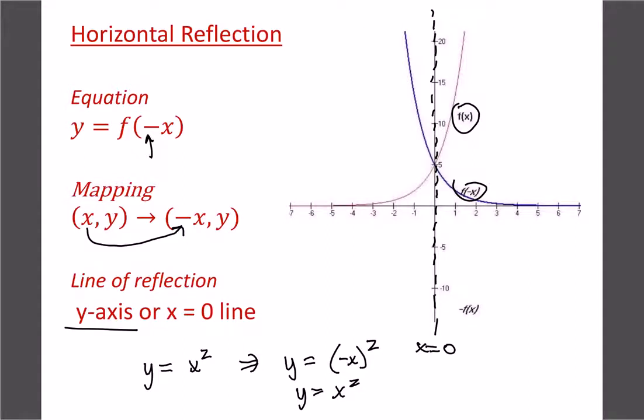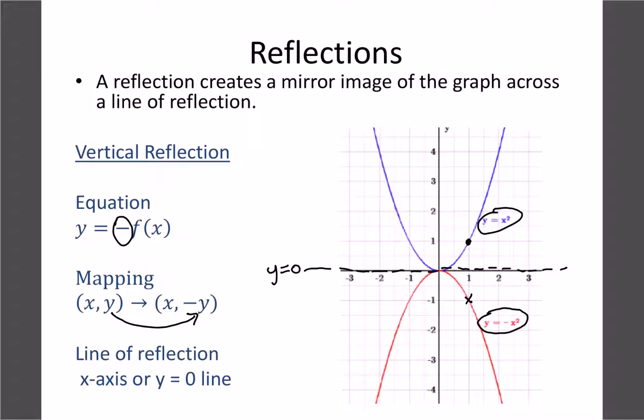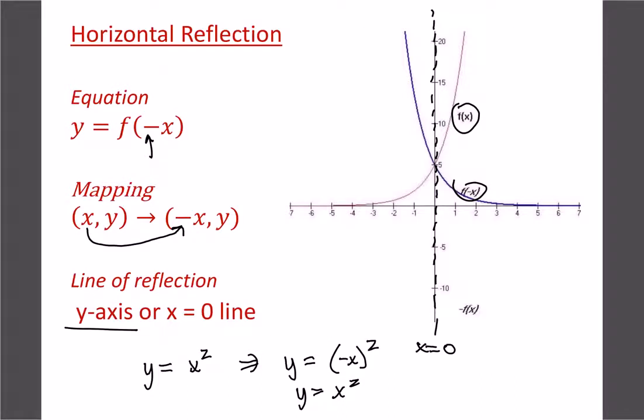Going back to the previous graph, our original is y equals x squared, so if we were to do a horizontal reflection, this half would reflect to there and vice versa. Our graph doesn't change, and that's why our equation doesn't change, because of the negative squared. So when you're working with equations, basically the negative out front is for vertical, and the negative inside where the b value is is for horizontal.